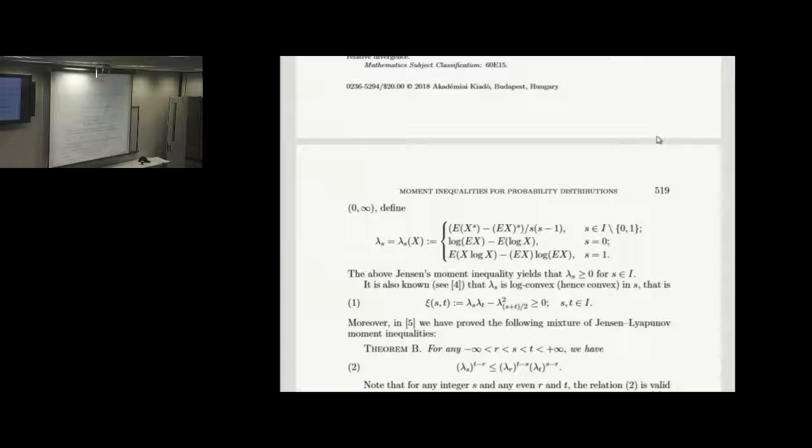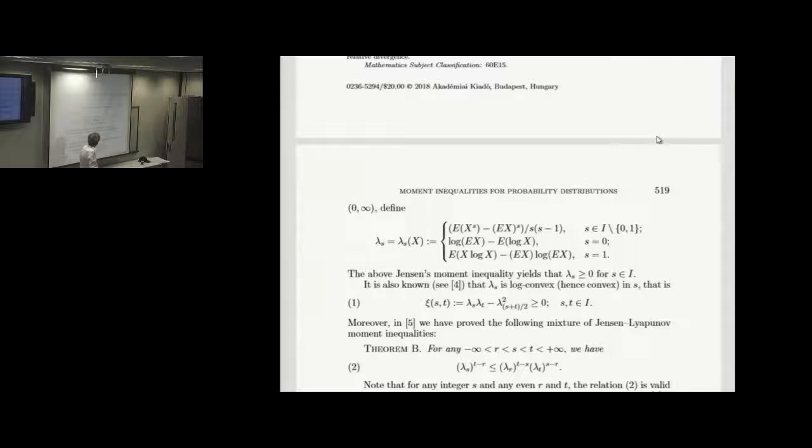This is the property of a logarithmically convex function. Evidently, each logarithmically convex function is also convex, but the contrary is not true. So logarithmically convex functions make a subset of the set of convex functions. This is the property of logarithmically convex functions.